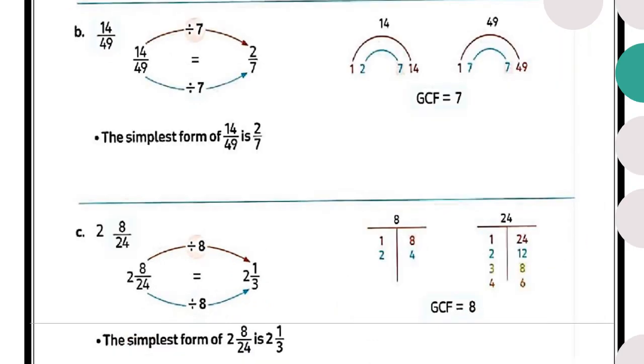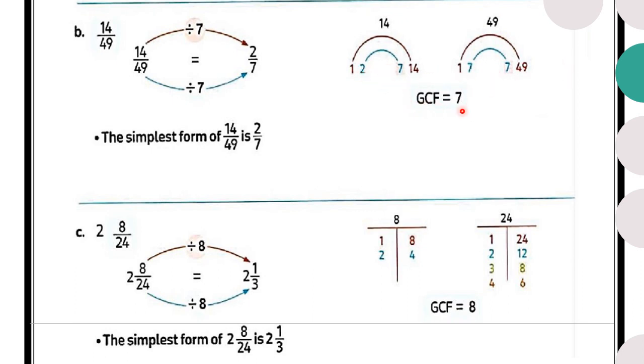And now in letter B, 14 over 49, let's use the rainbow to find the greatest common factor. 14 means 1 times 14 and 2 times 7. And 49 means 1 times 49 and 7 times 7. The greatest common factor between the two numbers here is 7.